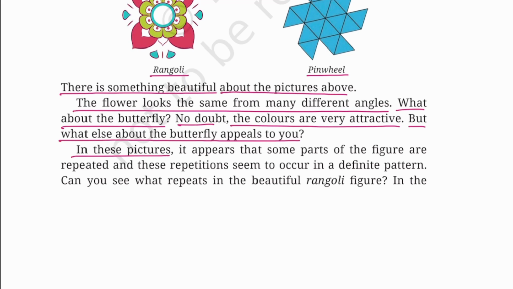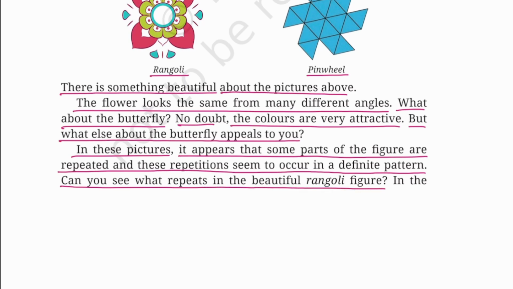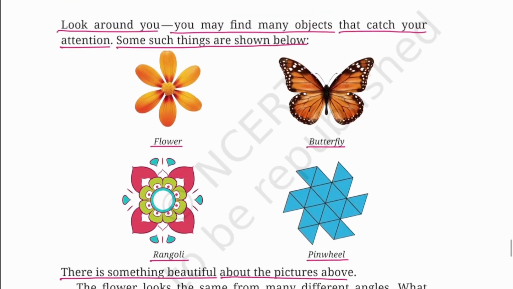In these pictures, it appears that some parts of the figure are repeated, and these repetitions seem to occur in a definite pattern. Can you see what repeats in the beautiful Rangoli figure? You can see some parts repeat itself.